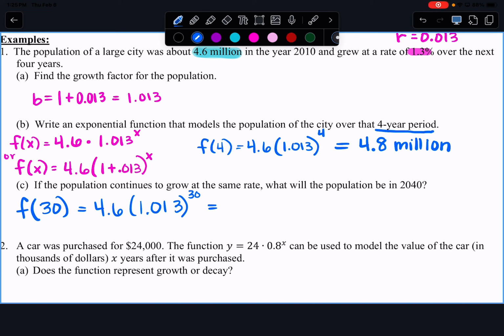But why couldn't you just do 4.8 times 30? So what is happening in this problem? How is this problem different than a lot of other percent problems? If I wanted to figure out what's 20% of 35 for a shirt, I just multiply. The reason this is different is because it's not just calculating the percent of the total population. It's calculating the percent of the population this year, then adding that to the number for the next year and doing that with the number for the next year.